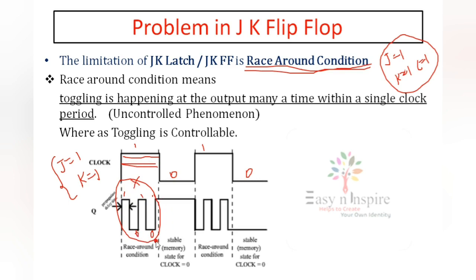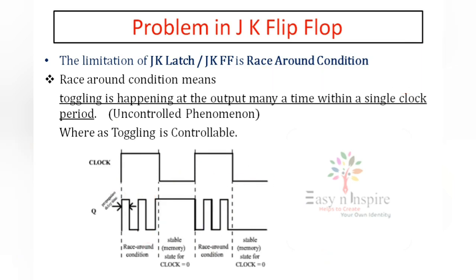This is called race around condition. Again you can check here J1, K1 and clock 1: 0, 1, 0, 1, multiple toggles or multiple outputs. This type of condition is called race around condition. To eliminate this problem, we go to master-slave JK flip-flop.